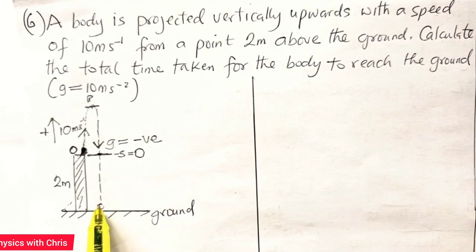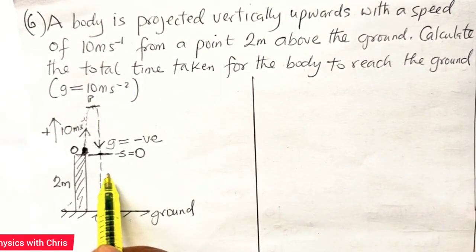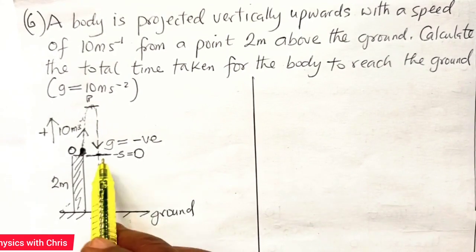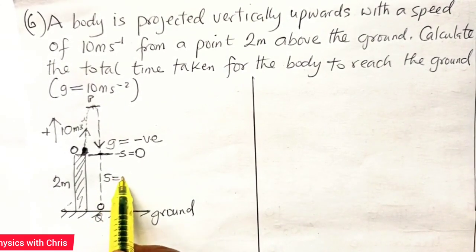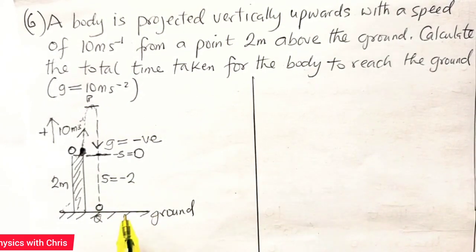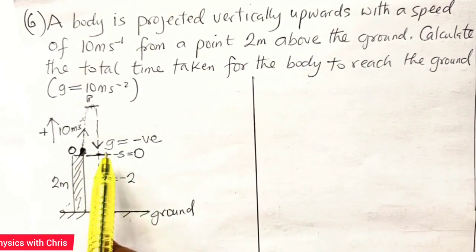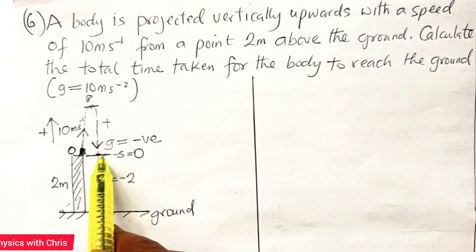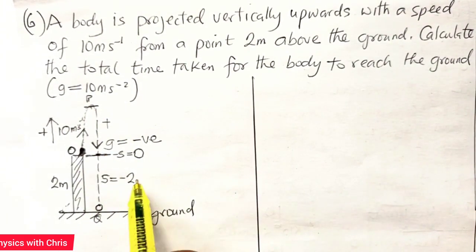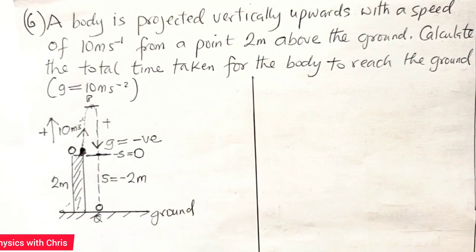So when it hits the ground at point Q, the displacement of the body measured from this plane of projection to the ground will be -2. Any distance above this level is taken as positive. Any distance below this level will be taken as -2 meters.